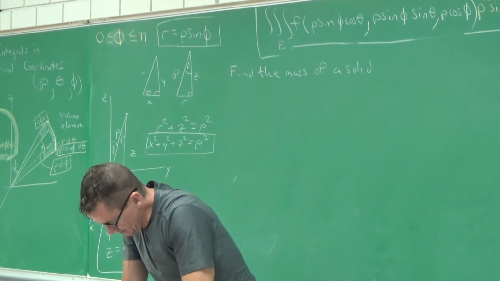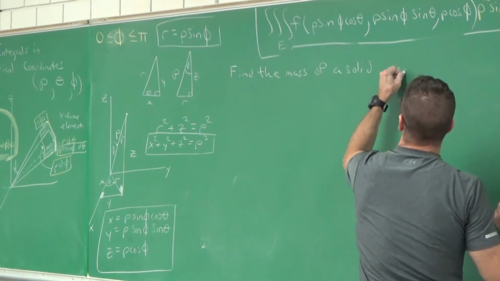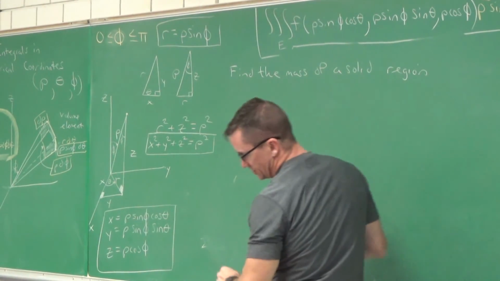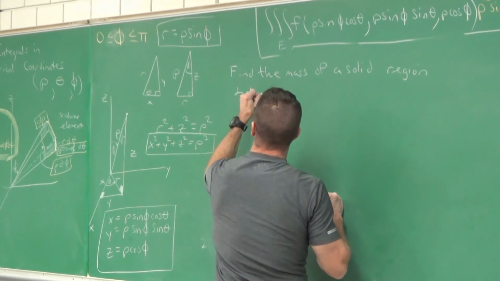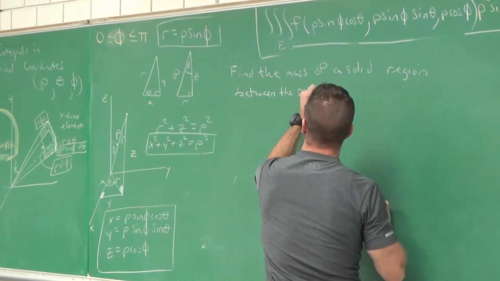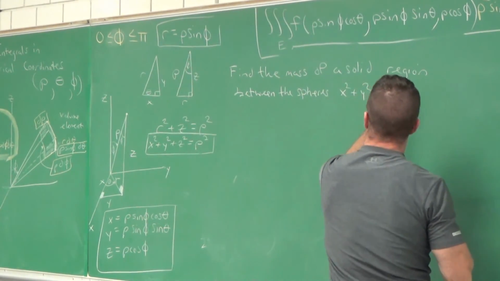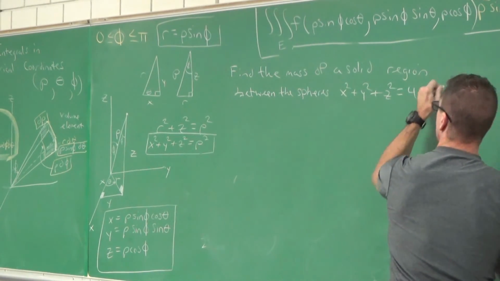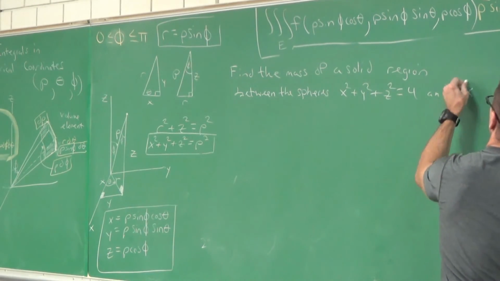Mass of a solid: the solid region between the spheres x squared plus y squared plus z squared equals 4, and what's the other one? x squared plus y squared plus z squared equals 25. Ooh.